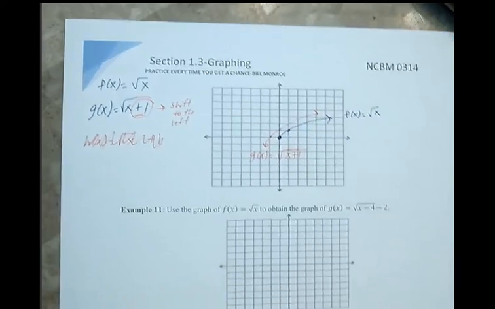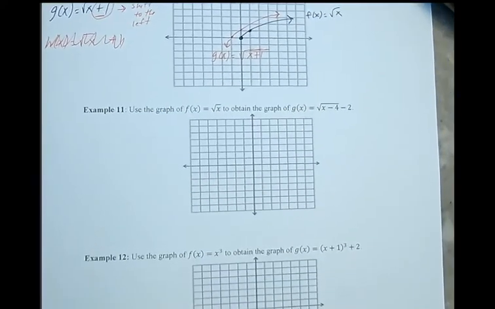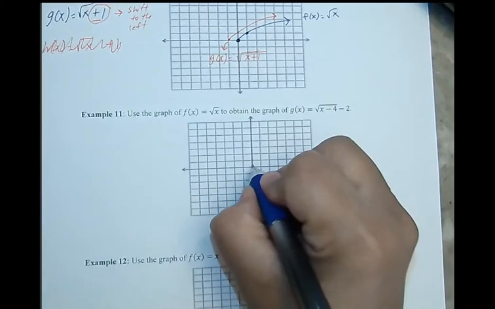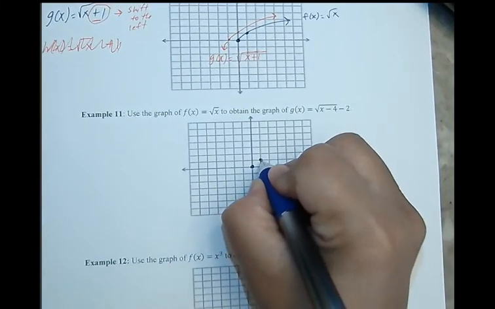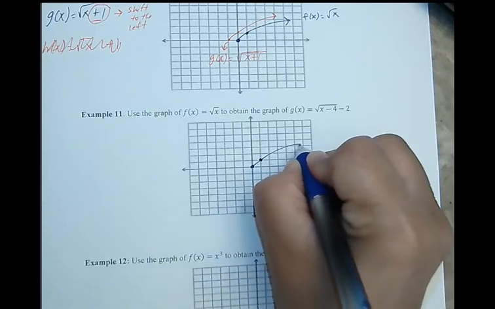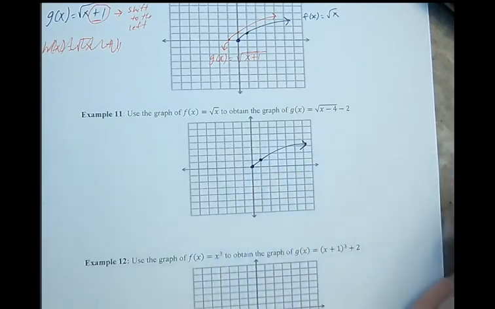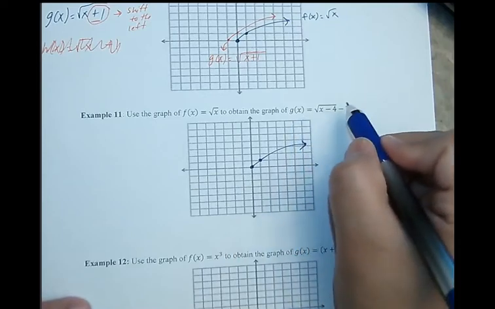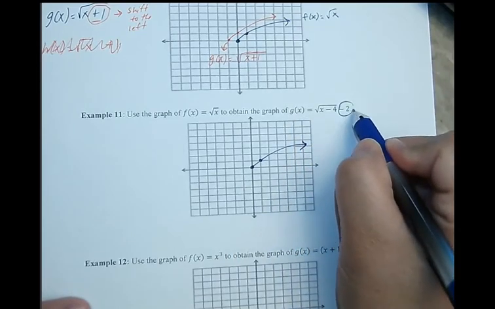Okay, so let's try the next one. So first we'll identify the parent function. So you can see here that the parent function is the square root. So it's going to look like this. And then we want to see what's going on with g of x. So this minus 2 is on the outside.